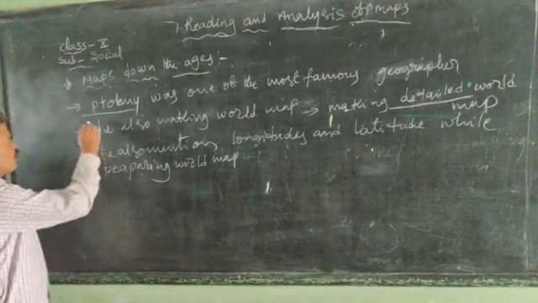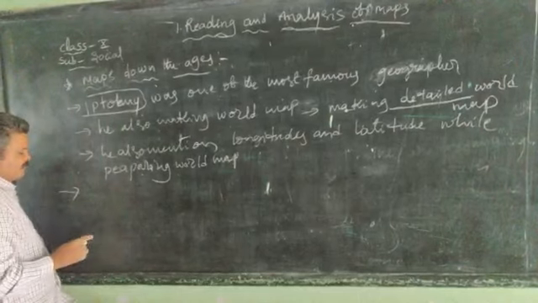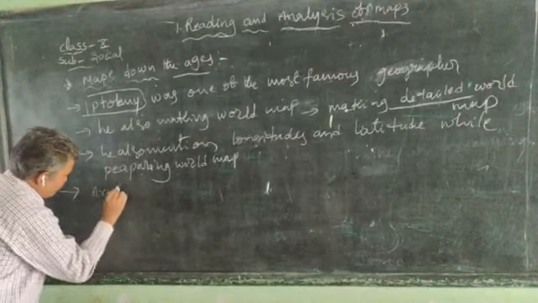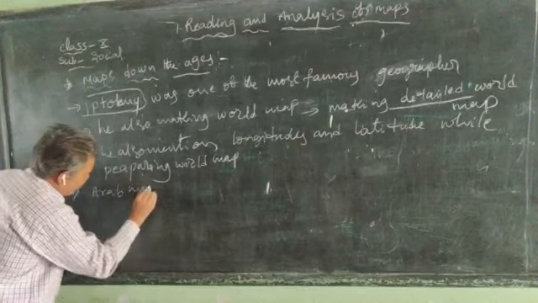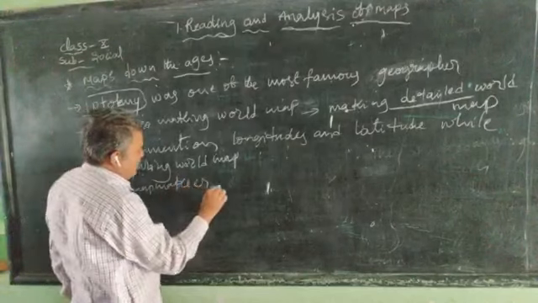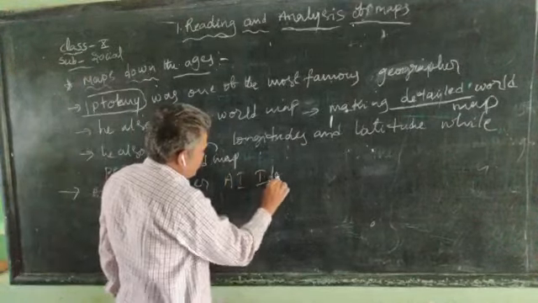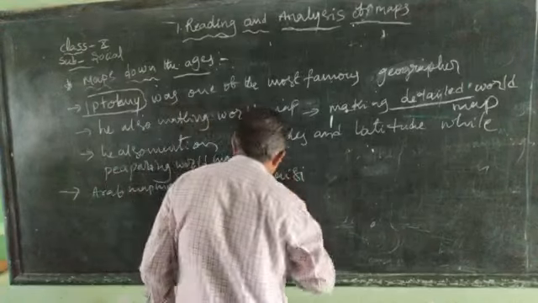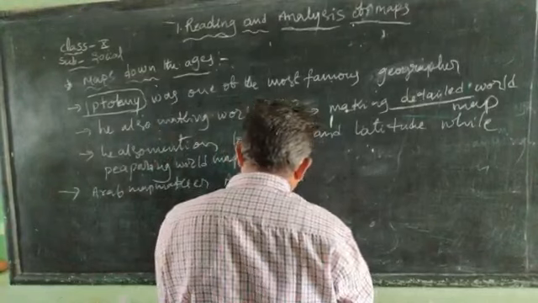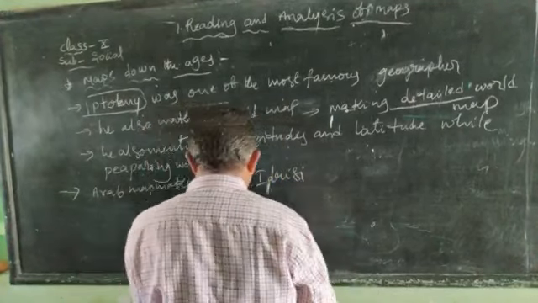in 1154. So after Ptolemy, the Arab map maker Al-Idrisi also prepared the world map.